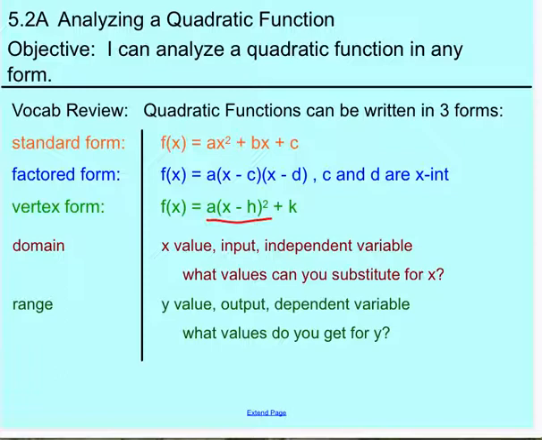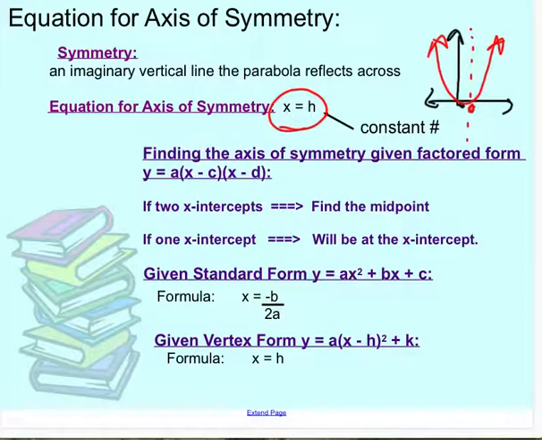So the h in the vertex form is the same h that we have for our equation for the axis of symmetry. So if we're given an equation in vertex form, we can immediately figure out what that axis of symmetry is. And it's a vertical line, so it's an x equals. This is the vertical line that we would draw on the graph across which the parabola would be reflected.